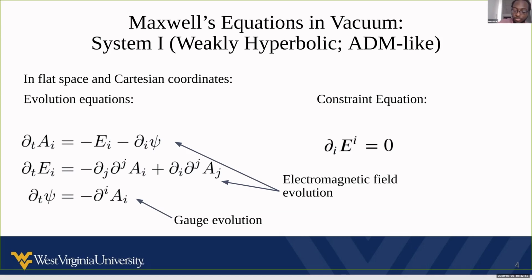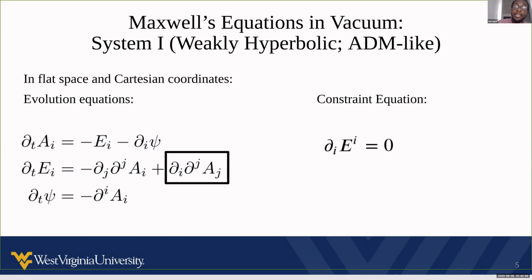But this system of equations is weakly hyperbolic, because if you compare this second derivative to the derivatives that you see in the wave equation, it's a mixed second derivative, so it's not wave-like at all. And we'll see that this does lead to worse behavior of the errors.